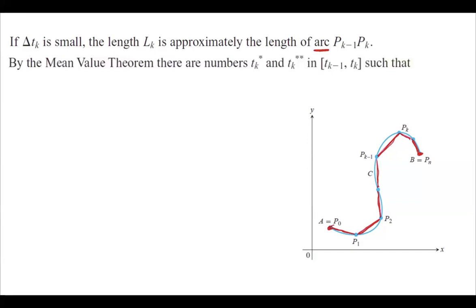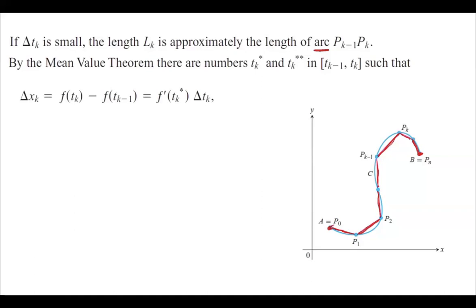Now, by the mean value theorem, there are numbers like tk star and tk double star in the closed interval tk minus 1 and tk, such that delta x sub k can be written as the difference between f of tk and f of tk minus 1, which in turn is the derivative of that representative tk star, multiplied by the difference in tk.